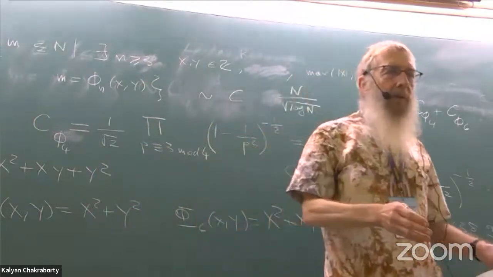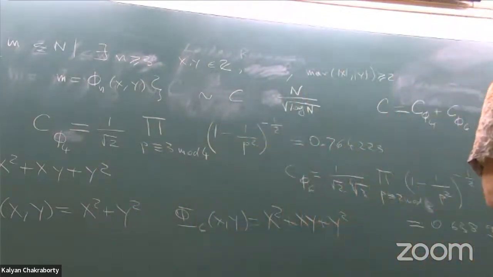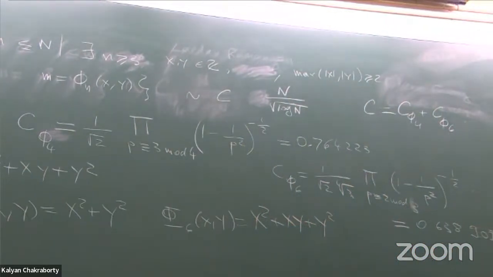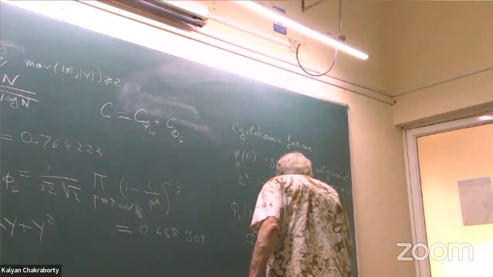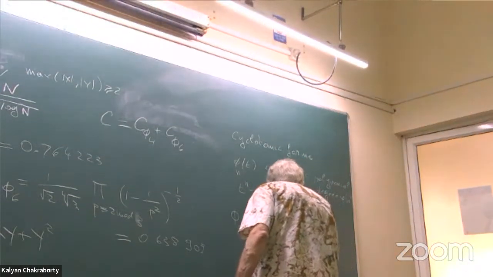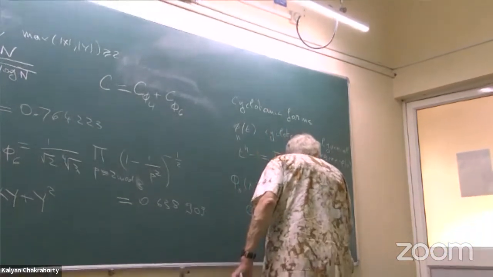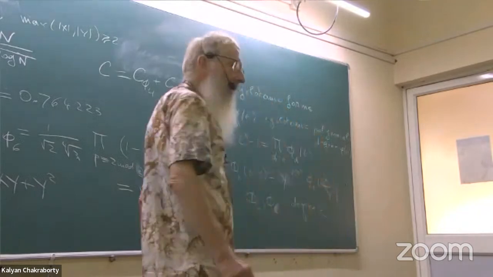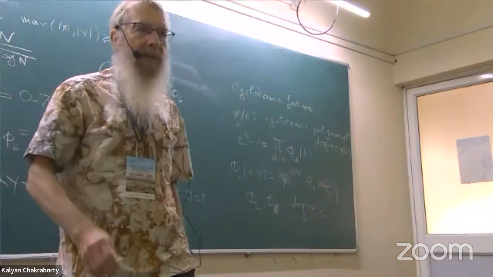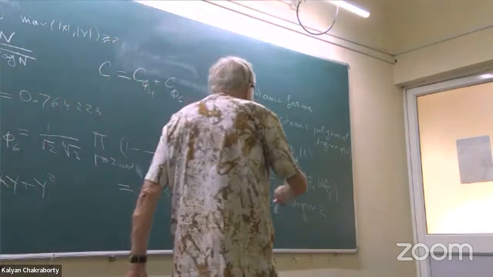And then the next term is for the integers which are represented by some cyclotomic form of degree higher than 2. The two forms phi 4 and phi 3 have degree 2, and all the other forms have degree at least 4 because the degree is even, apart from phi 6.